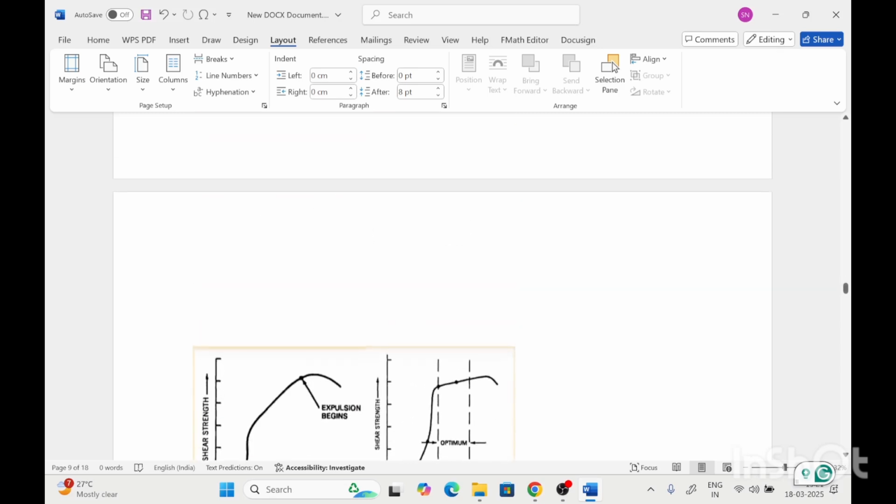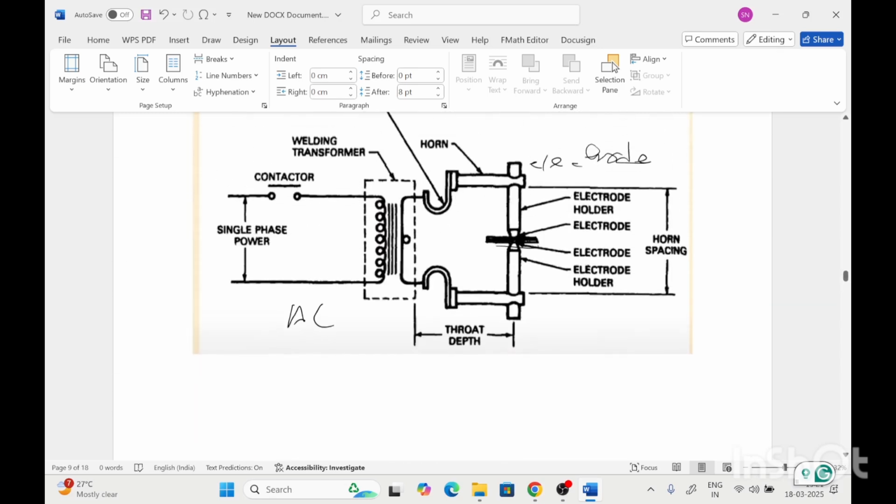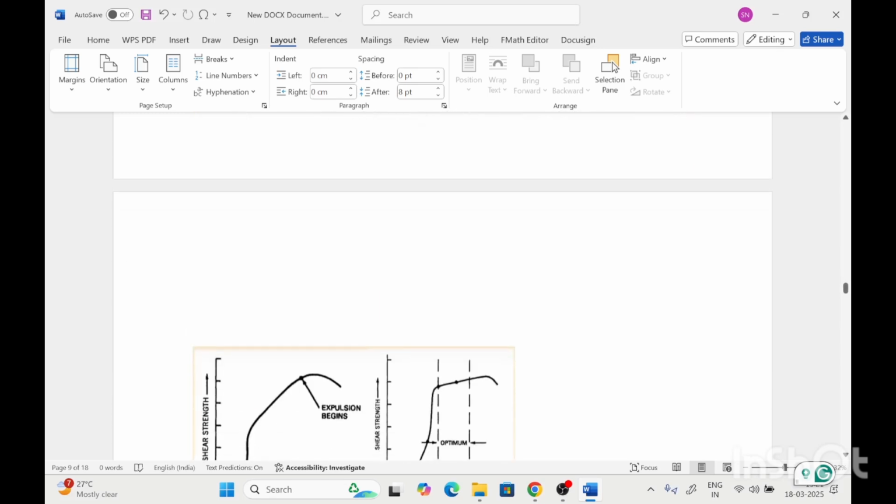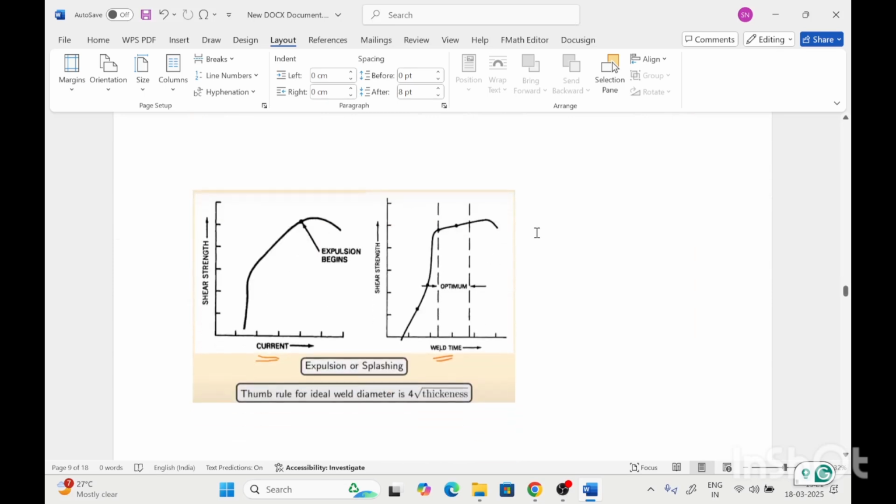One more thing is that the current and the welding time also define the welding joint strength.